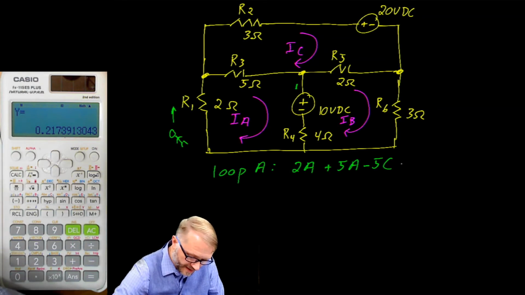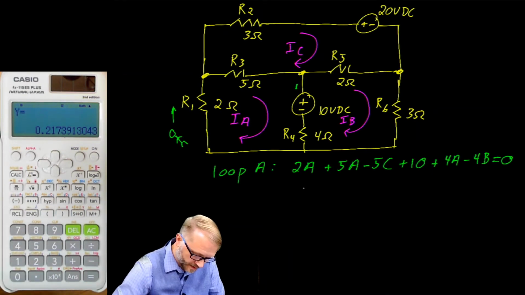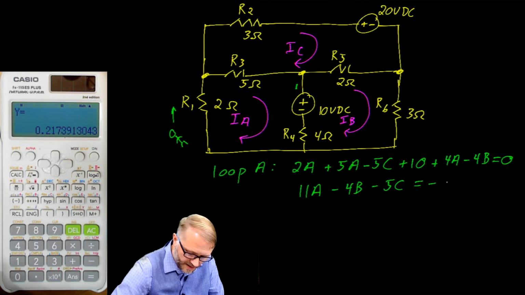We record that as plus 10 plus 4A minus 4B is equal to 0. Simplifying that, that works out to 11A minus 4B minus 5C is equal to negative 10.